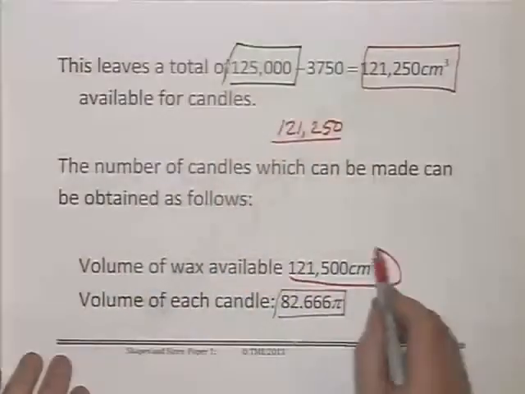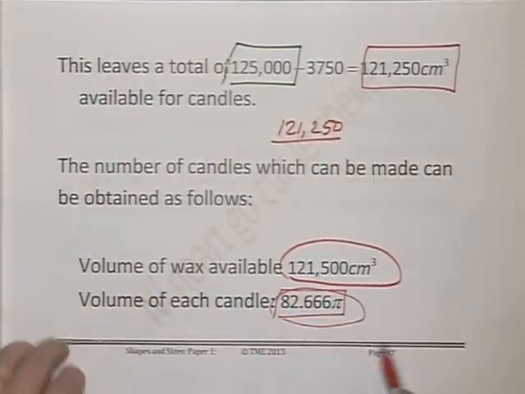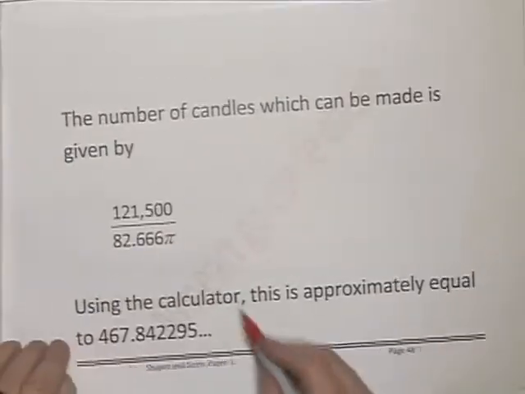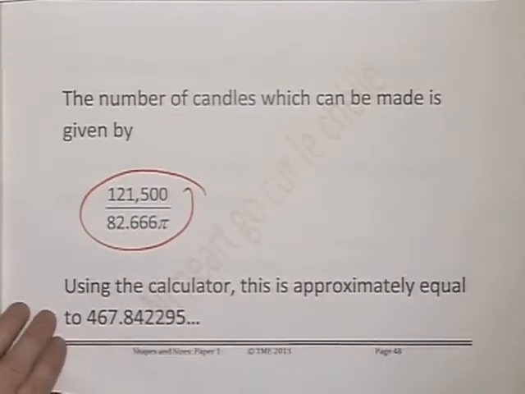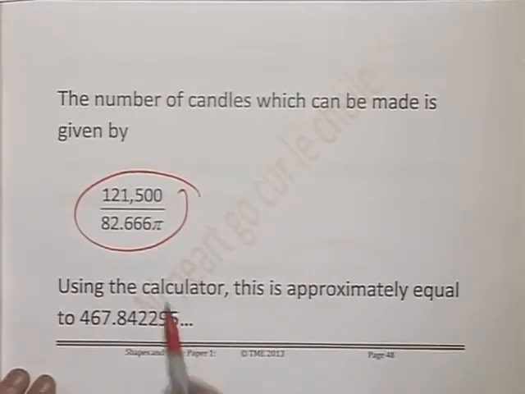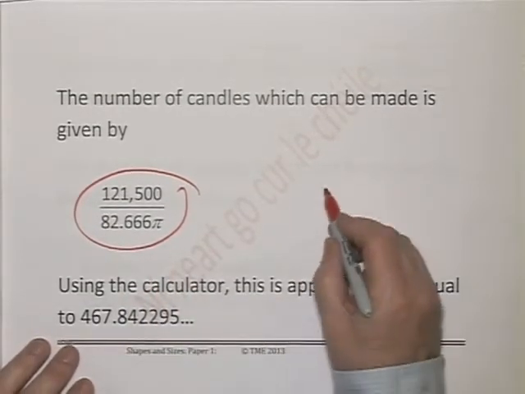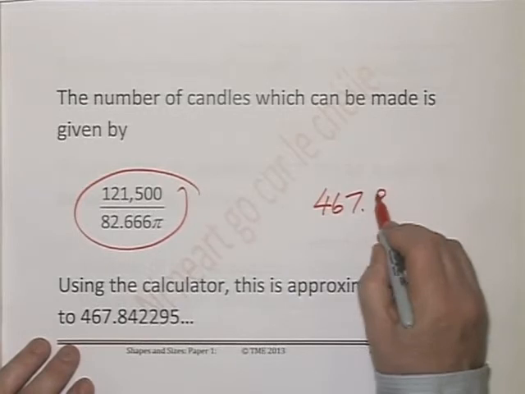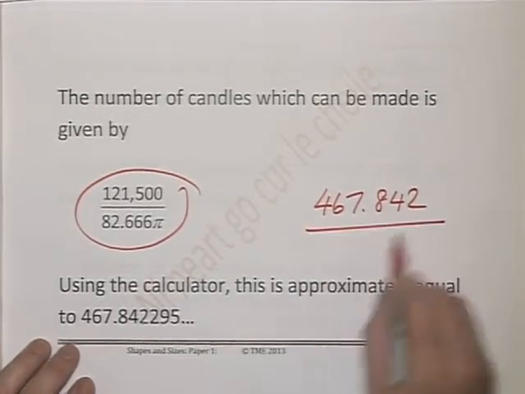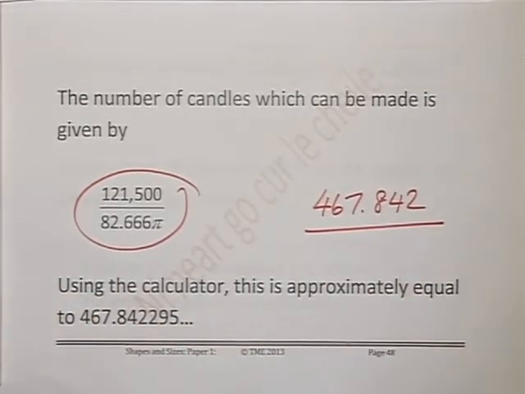If you have 121,250, and it's this each, it's one divided by the other. So you end up getting this divided by this. That's just pure calculator. So we end up with 467.842.